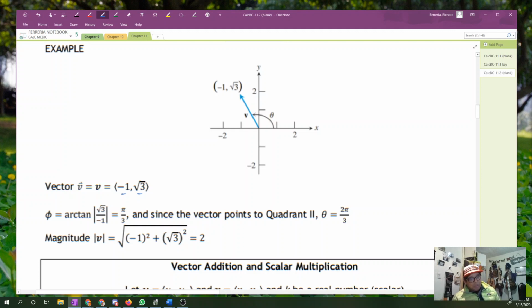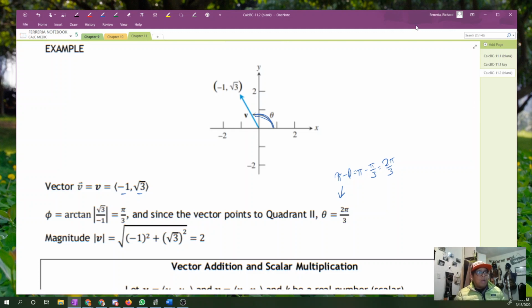Because all of that's true, we know that theta, the actual angle formed with the positive x-axis, is pi minus phi, which is equal to pi minus pi over 3, or 2 pi over 3. So that's where all of that comes in.